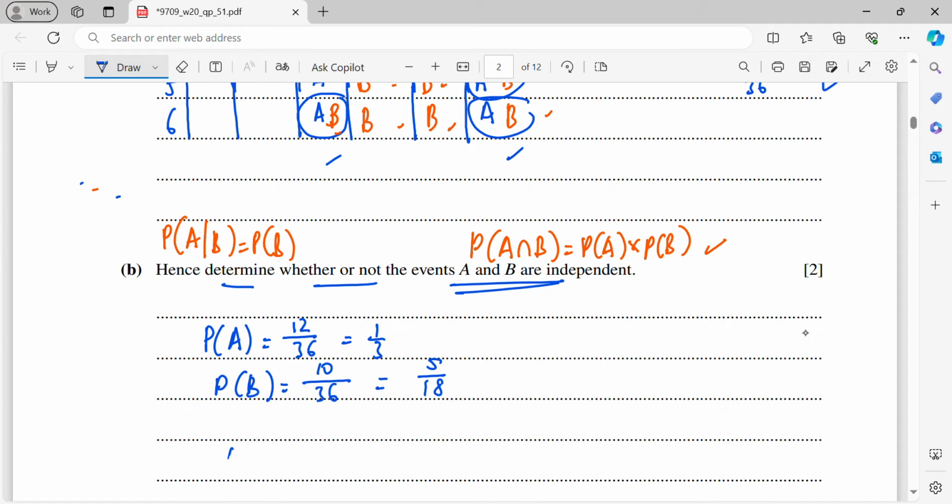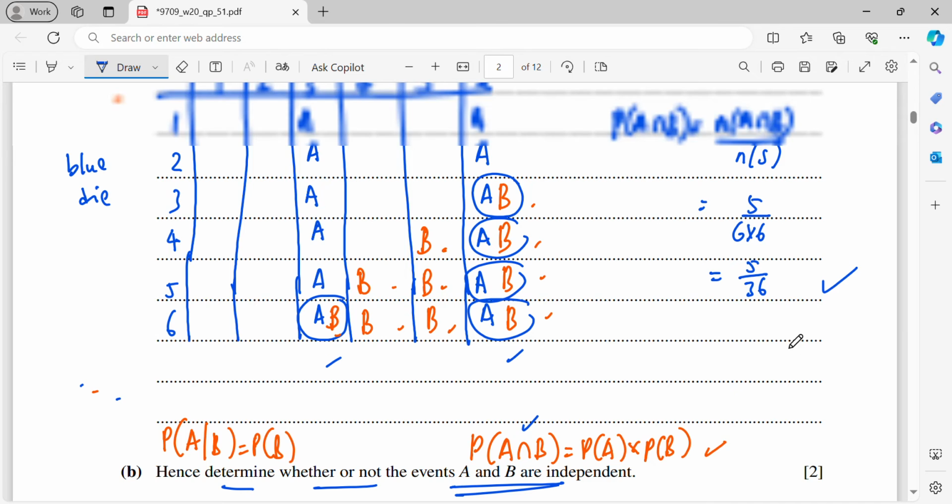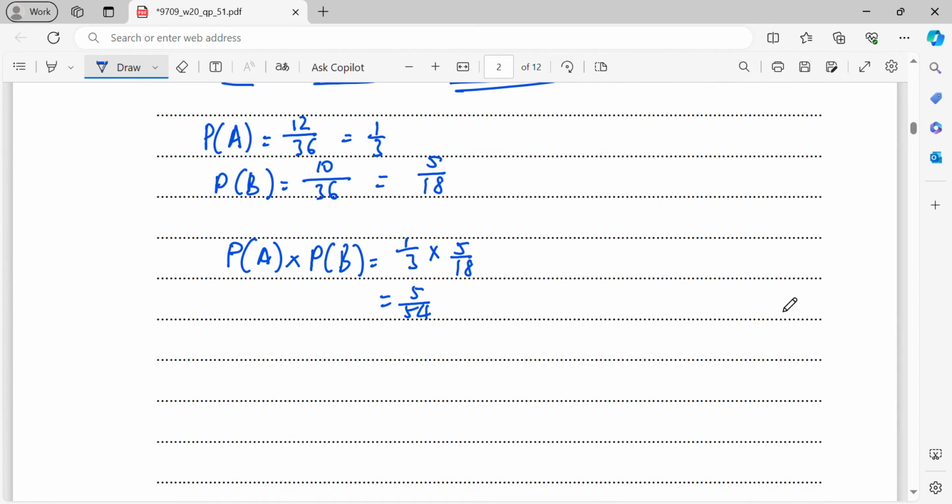So now I need to multiply both probabilities. P(A) times P(B), it will be 1 over 3 times 5 over 18. And this is going to be 5 over 54. Okay, and now you compare with the intersection probability that we have found in previous part. So obviously it is 5 over 36. So from here, I will just write not equals to P(A intersects B).